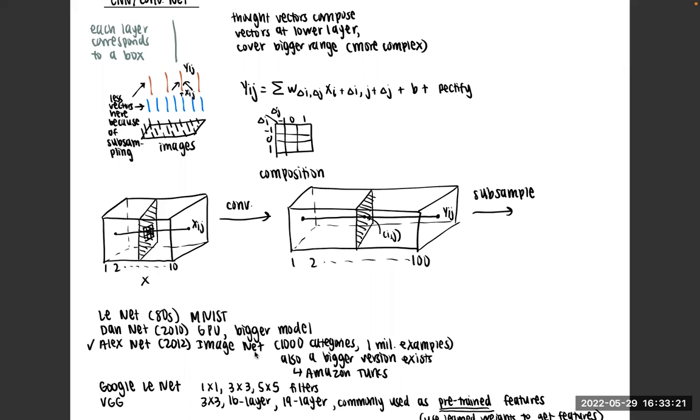The data are collected through Amazon Turk, so you ask people on Amazon to label the classes or categories of the images for you. And AlexNet in 2012 won the competition on ImageNet object recognition by a big margin.